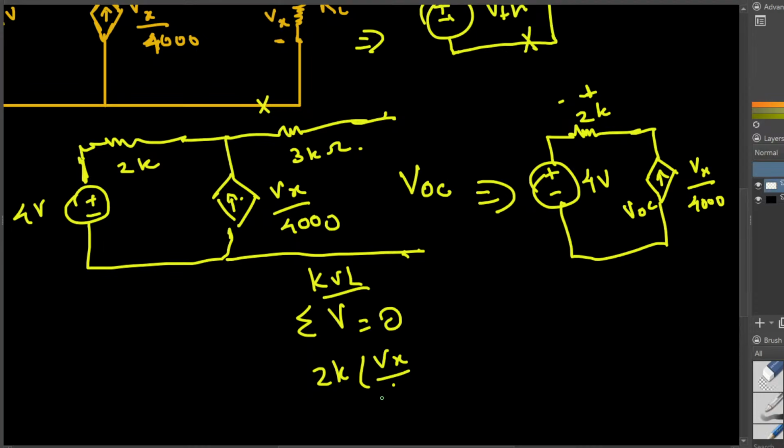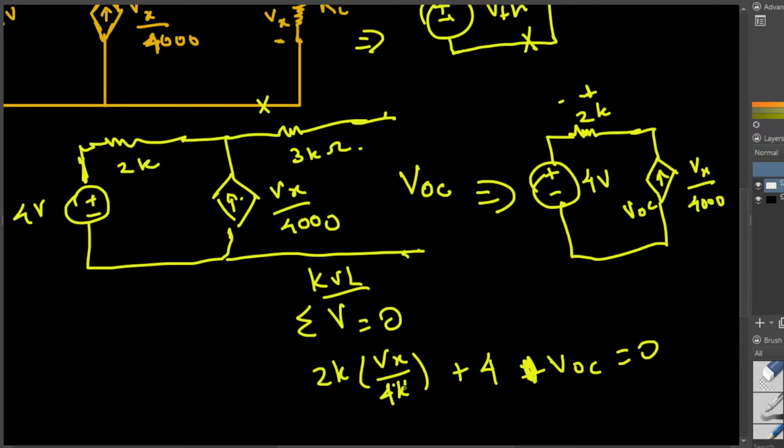Instead of 4000, I can put 4K, so I can see the things canceling each other. And the current is going from plus to minus, so that's going to be a positive voltage, 4 voltage right here. That plus VOC also, because VOC is also a voltage right here, so plus VOC, that's equal to 0.